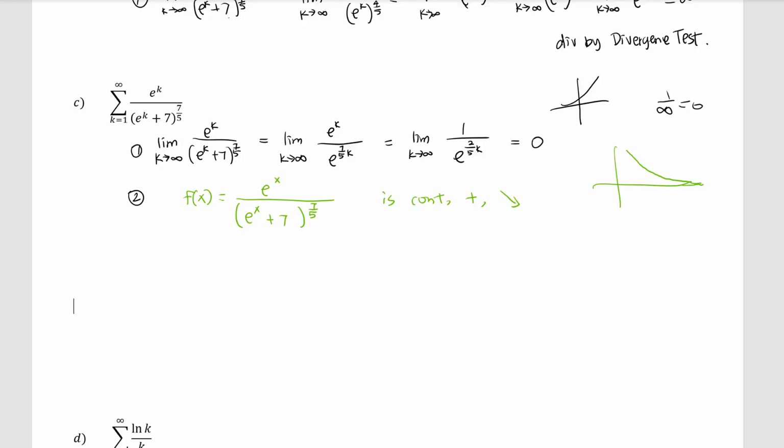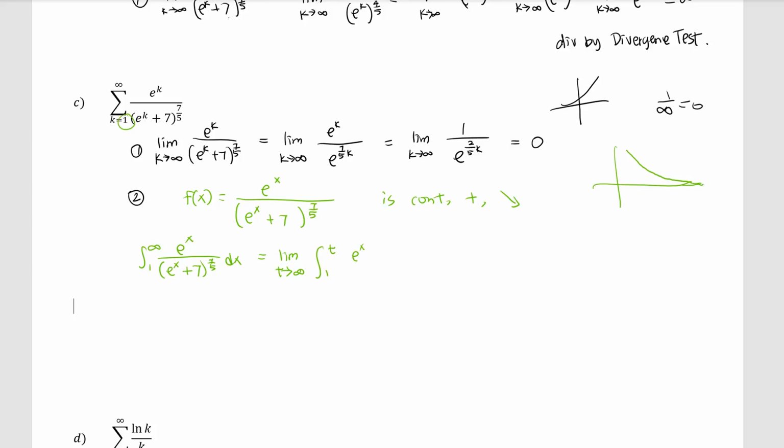Okay, so now let's compute the integral from 1 to infinity, because k starts with 1, so our integral also starts with 1. Then e to the x over e to the x plus 7 to the 7 over 5 dx. In the improper integral, we replace infinity by t.